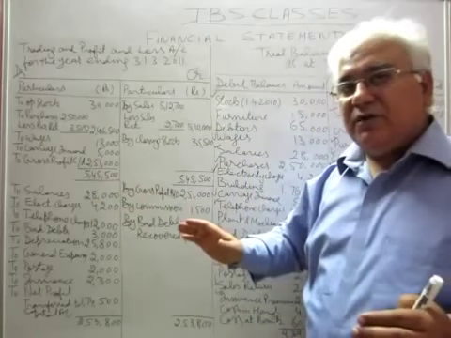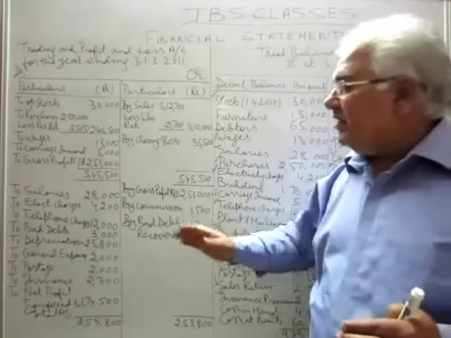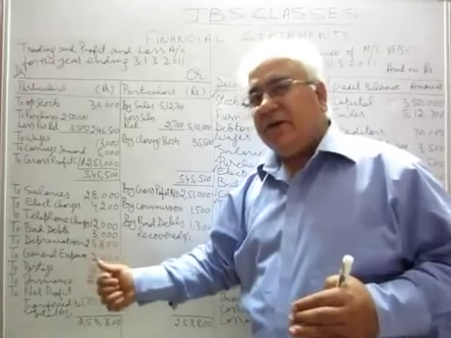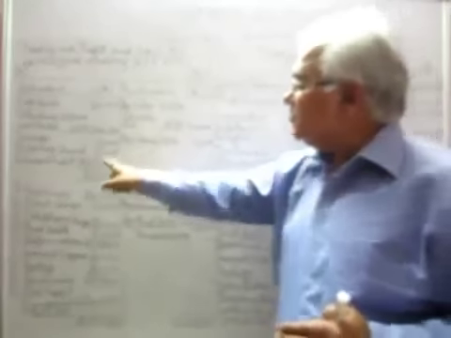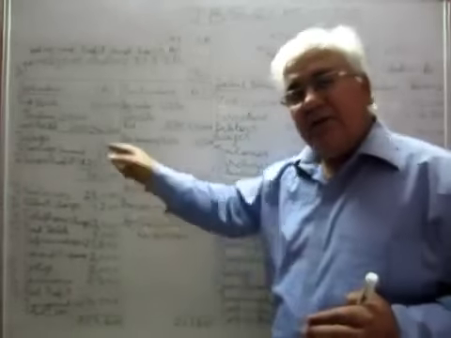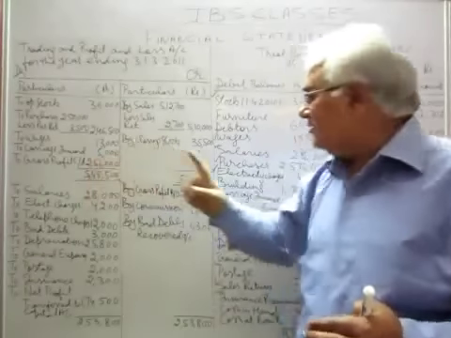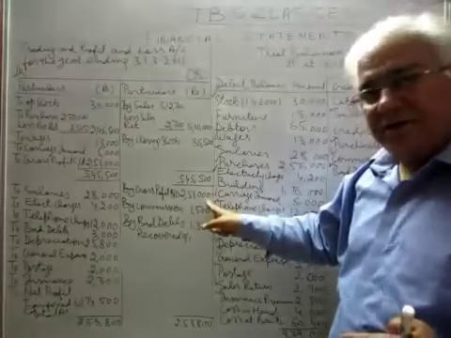Now from this gross profit we have to reduce our indirect expenses to find out the net profit. Since this was only a balancing figure there, that's why we had written it there, but basically it is a credit balance, hence it must come here.